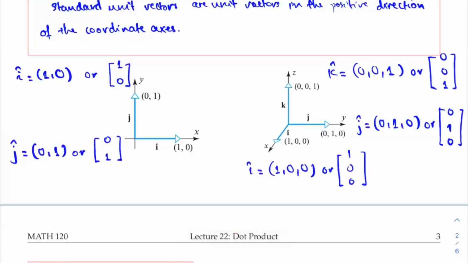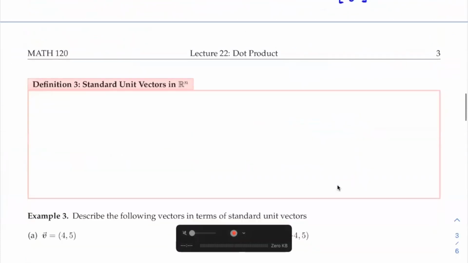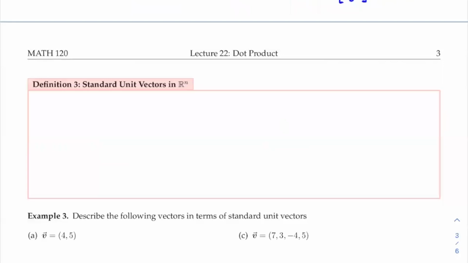Now, what about the standard unit vector in Rn? So in the n-dimensional case, the standard unit vectors in Rn are defined as follows. In Rn we no longer use i, j, k, because we're going to run out of letters very quickly.